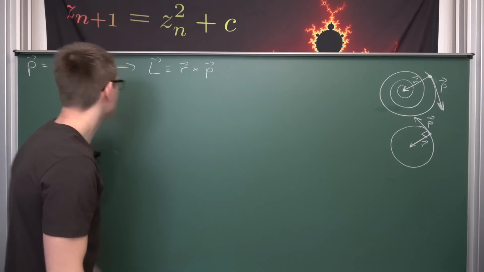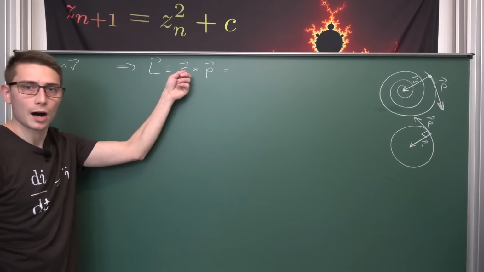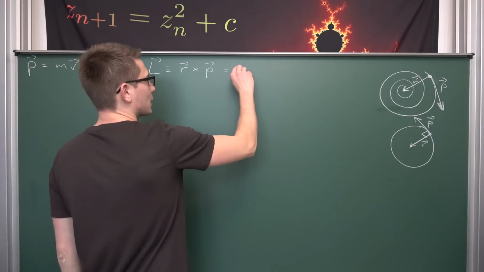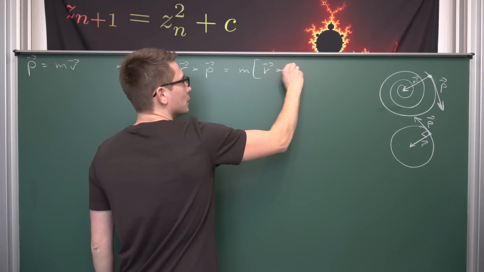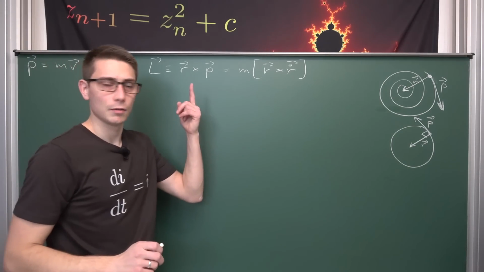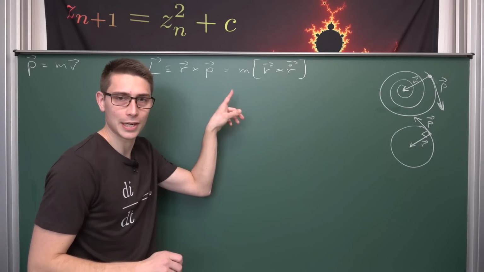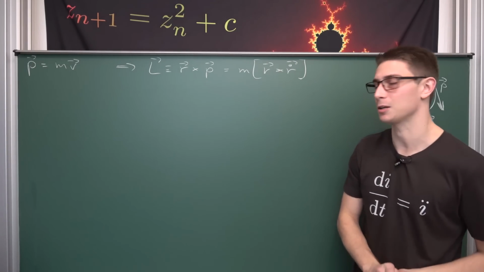Now the momentum by definition is nothing but m times velocity, but velocity is nothing but the r dot vector basically. So we have m times the r vector in the cross product with the velocity r dot vector. Yeah, and those are the prerequisites, and with this useful little formula, we can derive a whole lot of stuff, with a few simple argumentations.